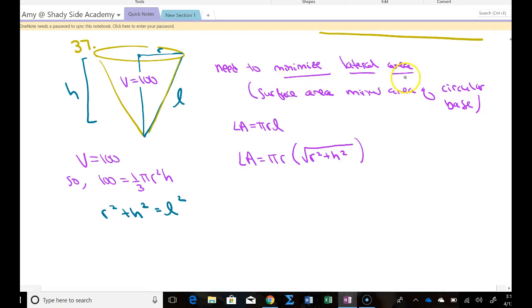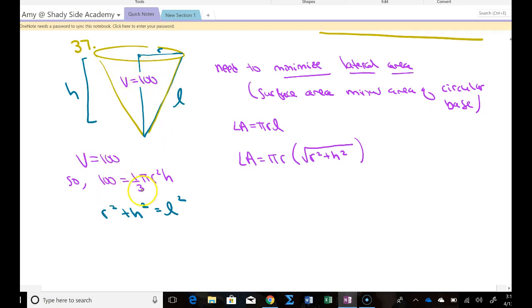So I'm minimizing the lateral area, surface area minus area of the circular base. The lateral area of a cone is pi RL, where L is the slant height of the cone. I want to talk you through where you probably got a little stuck. So lateral area equals pi RL. The constraint is volume equals 100.